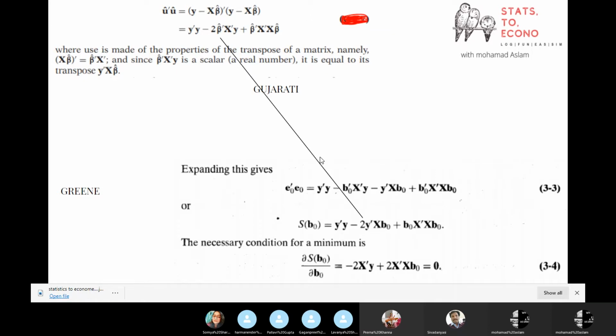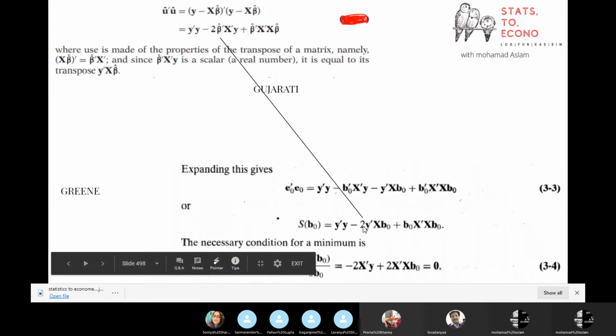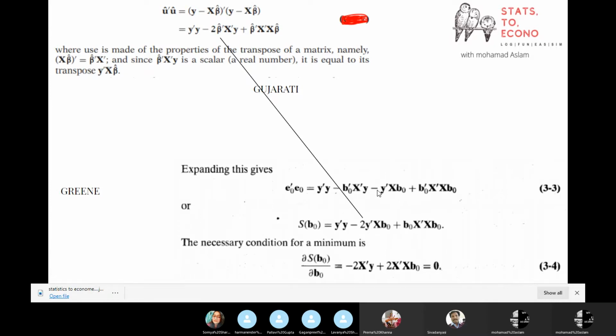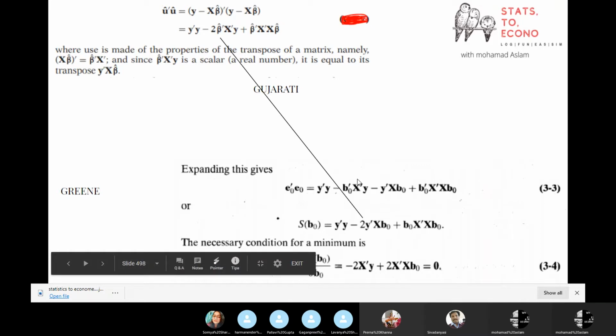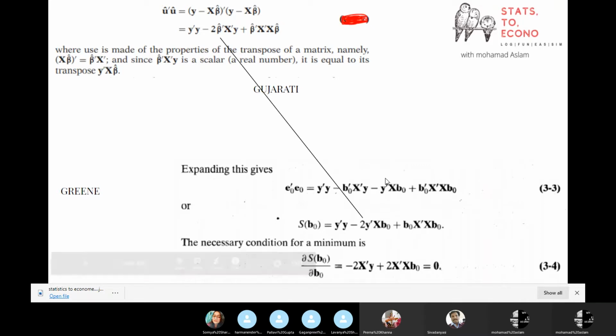If you multiply this, you get this equation, and then this particular term and this particular term both are scalars. If you have a scalar, you can just add them, and that's why here it's written -2. Now you may ask what a scalar matrix is. A scalar matrix is where you have one single value. If you write the dimensions of these terms, it will become a scalar.